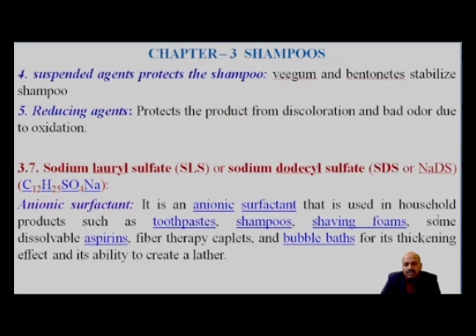Suspending agents protect the shampoo. Gums and bentonites may also be added to stabilize the shampoo and protect it from atmospheric effects, and reducing agents protect the product from discoloration and bad odor due to oxidation. So these are the very important special additives that are added.